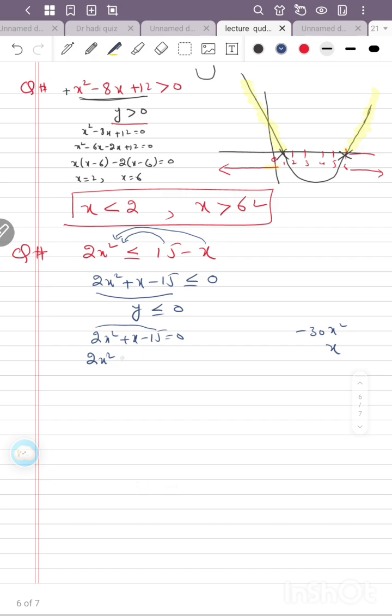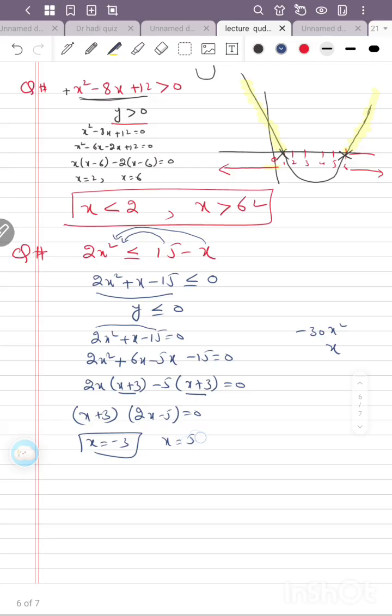So 2x square plus 6x minus 5x minus 15 equal to 0. Here we take 2x common, x plus 3, minus 5 is common, x plus 3, so this will be 0. Here, 2x plus 3 and x plus 3 are common on both sides, x plus 3, 2x minus 5 equal to 0. So x equal to minus 3 and x equal to 5 by 2.